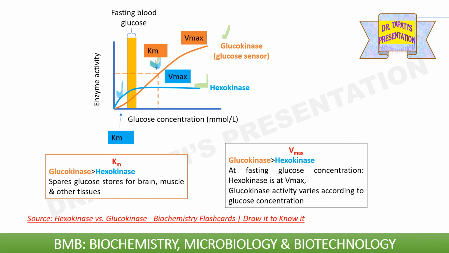As Km and Vmax value is less for hexokinase, it can work at fasting condition at a very low glucose concentration, whereas glucokinase can work only when the glucose concentration is high, because Km and Vmax value of glucokinase is higher than hexokinase.